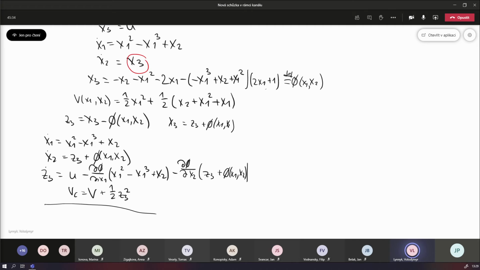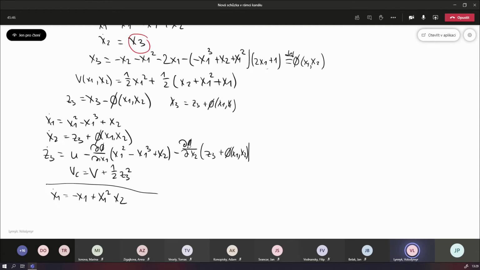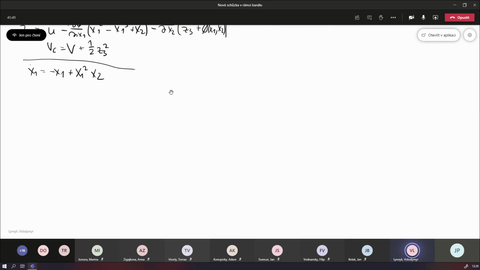This x1 dot equal to minus x1 plus x1 squared x2, and x2 dot equal to u, and we need to stabilize this first row. x1 dot equal to minus x1 plus x1 squared times u with wave.